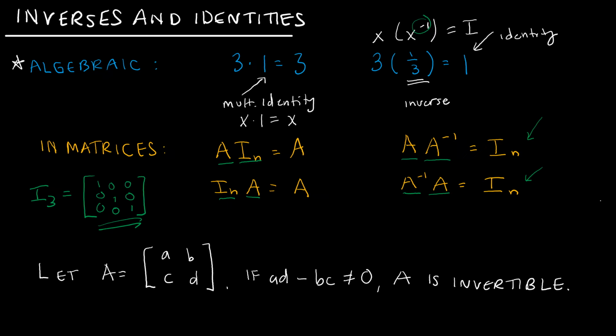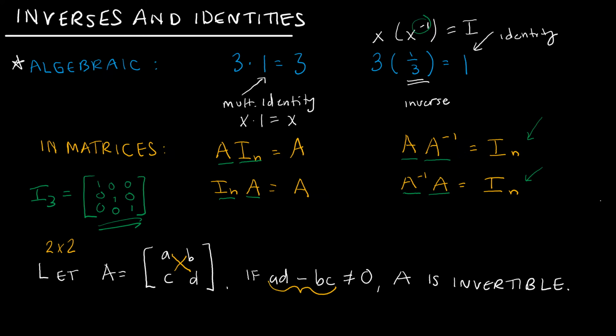But I wanted to talk about how I know a matrix is invertible. This is specific to a 2 by 2 matrix. To know if a 2 by 2 matrix is invertible, I would take A times D, the first diagonal, minus B times C, the second diagonal, and if that is not equal to 0, then A is invertible.